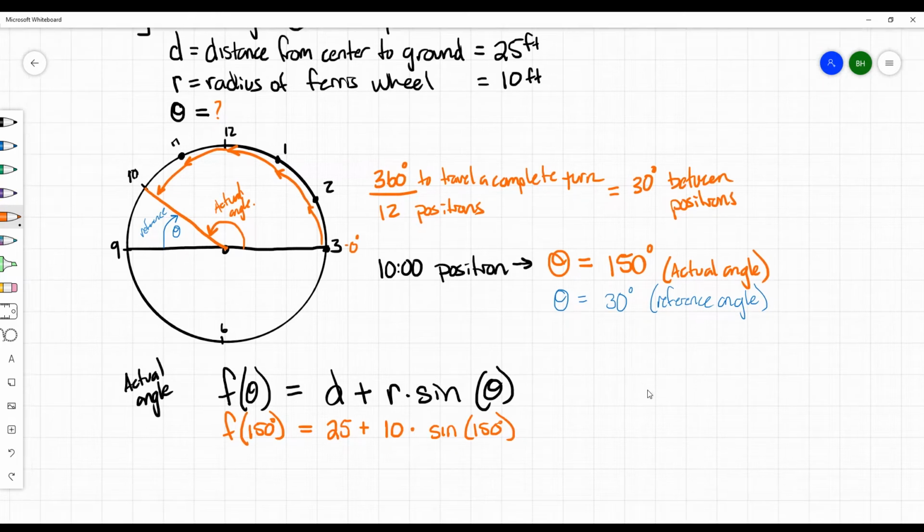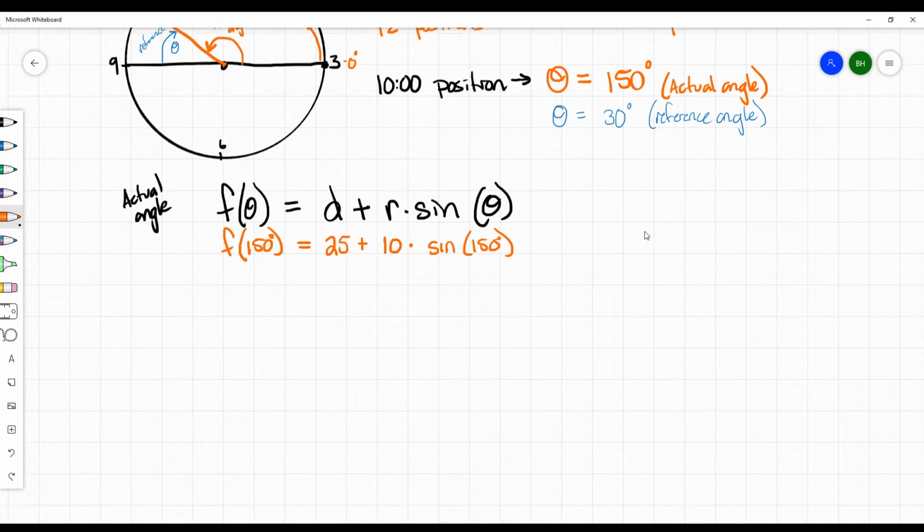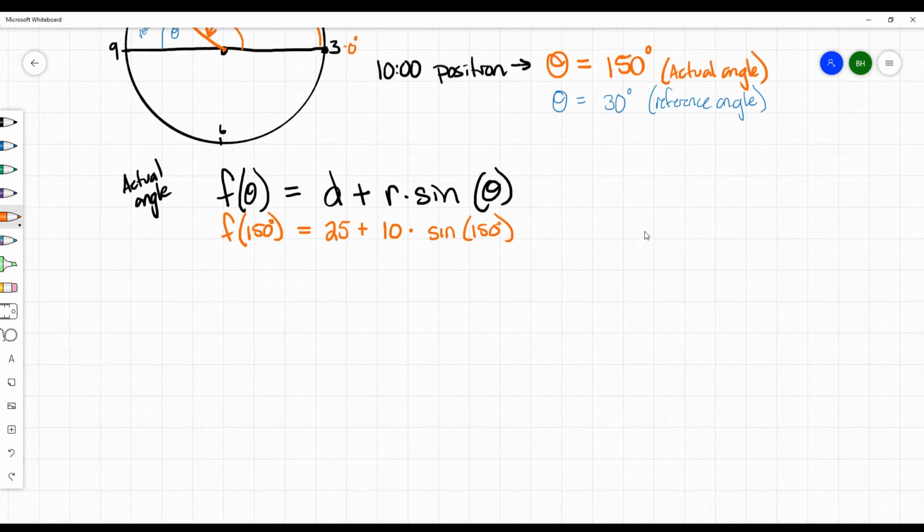Okay. So I just plugged in all the values from that point, and now you can go ahead and evaluate. So this means that f of 150 degrees is going to equal 25 plus 10 times. Every time I evaluate some sort of trig function, I always put it in a set of parentheses. It's just good practice because sometimes we just get so caught up in the problem solving, we forget what part of numbers are associated with other parts of numbers, and sometimes our work gets confusing.